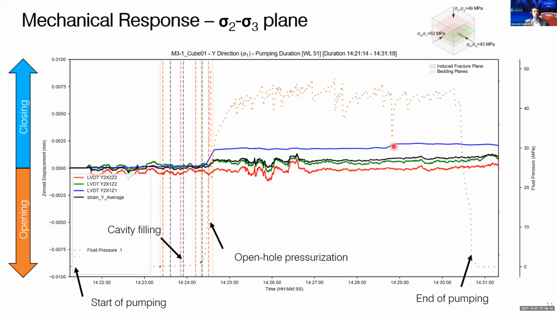It means there was an apparent reduction in volume in that particular location. What I would like you to note is that there are two jumps in the closure. The first jump was associated with the breakdown pressure, and the second with the following drop in pressure that was recorded by our fluid pressure sensors.